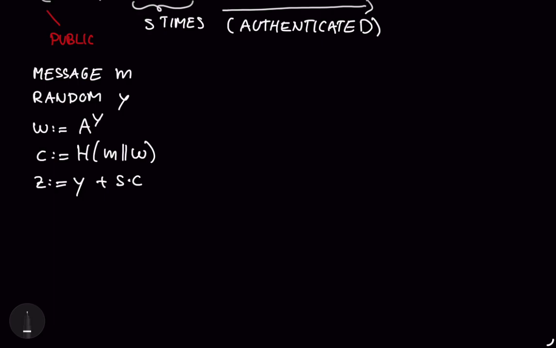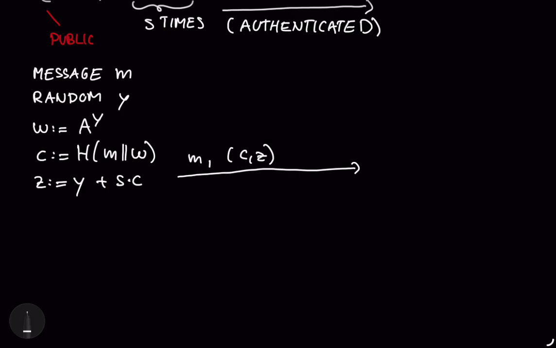So then the signature generation is done. We have the message and the two-part signature, which is C and Z. And then we transfer message plus signature to Bob.